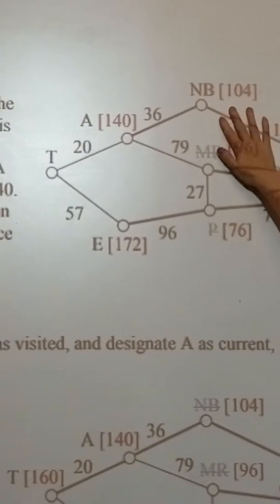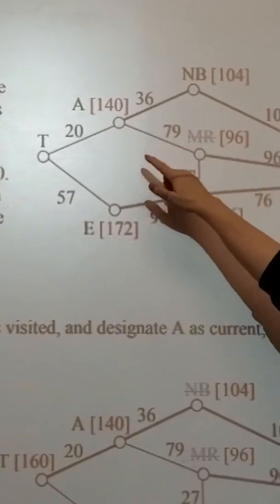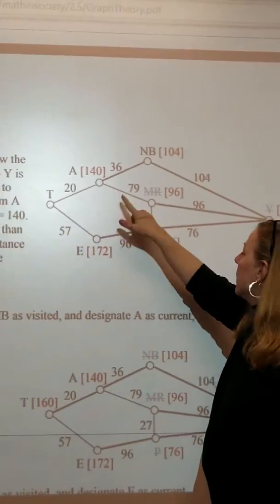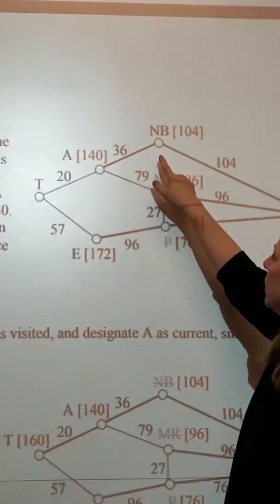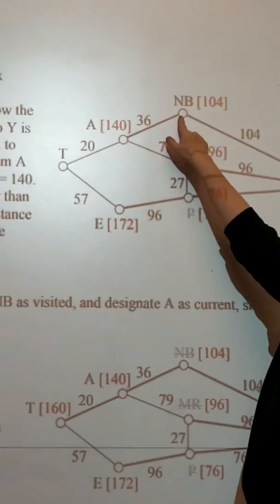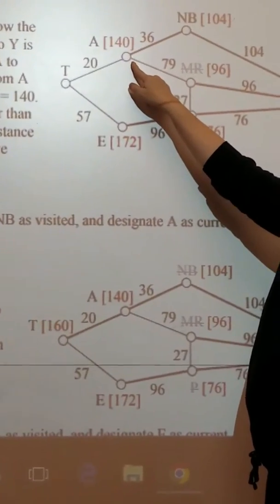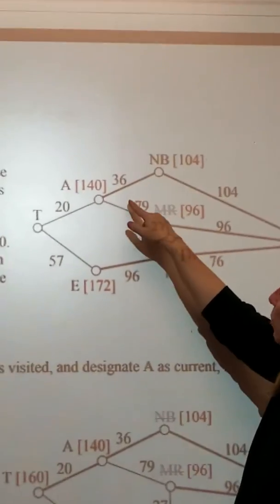So then we calculate the distance to the end. We know that the shortest distance from North Bend to Yakima is 104, and the distance from Auburn to North Bend is 36, so that's 140, okay? So the distance from A to Y is 140.